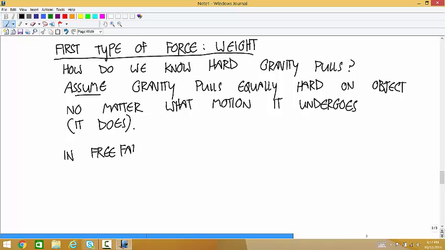So in free fall, we know all objects accelerate downwards at 9.81 meters per second squared.